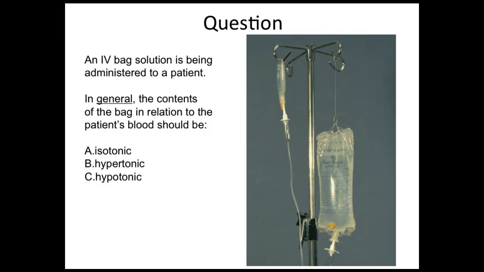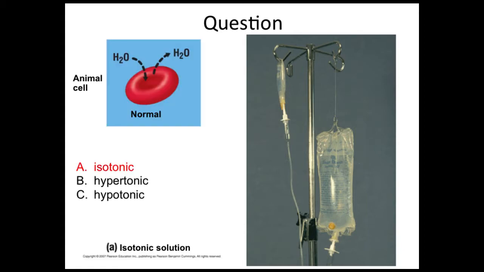So now let's consider this question. Back to our IV bag case study. If you're hooked up to this IV bag at the hospital, in general, the contents of the bag in relation to the blood of the patient should be isotonic, hypertonic, or hypotonic. So if you don't want to see the answer, pause the lecture.